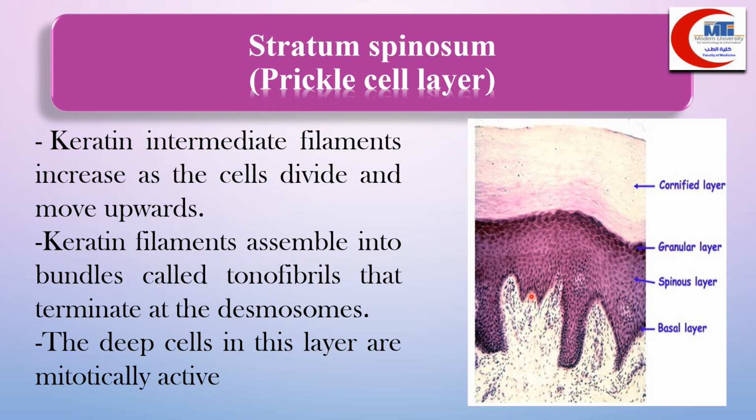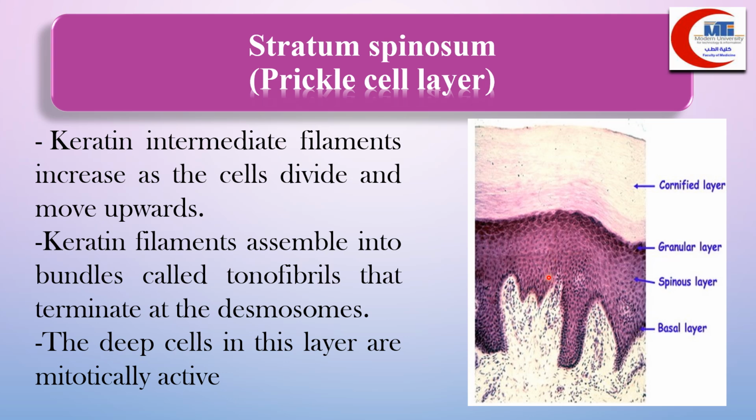By the light microscope, the layer, the prickle cell layer, appears as multiple layers of polygonal or polyhedral cells with rounded vesicular central nuclei. The basal cells of this layer show mitotic figures.